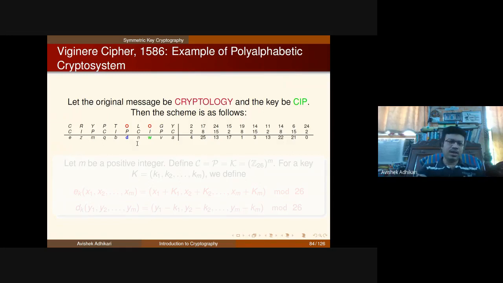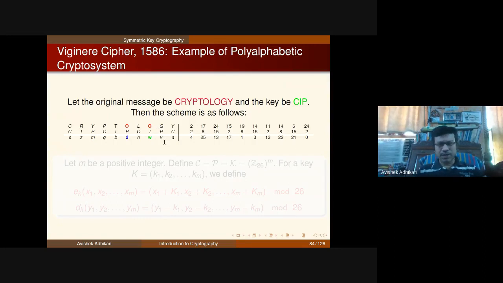It may happen that both places have the same key alphabet, for example P for this O too. In that case, they will go to the same alphabet, but there is a chance that the same alphabet may take different values due to the use of different keys.